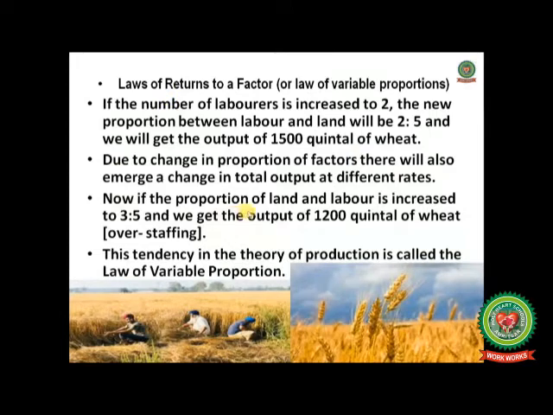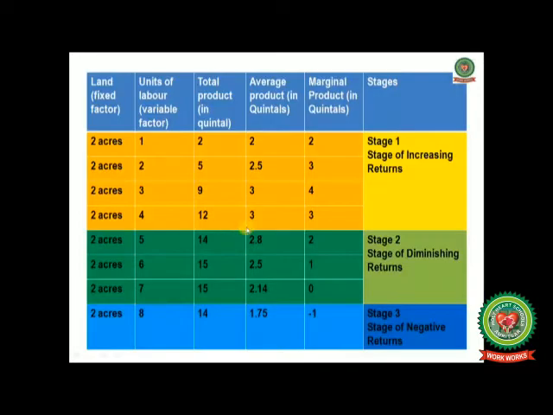So now if the proportion of land and labor is increased to 3:5, meaning 3 units of labor and 5 hectares of land, we get an output of 1200 quintal of wheat. It means that overstaffing is there, and the per unit, meaning per laborer, output has decreased. So this tendency in the theory of production is called the law of variable proportions.